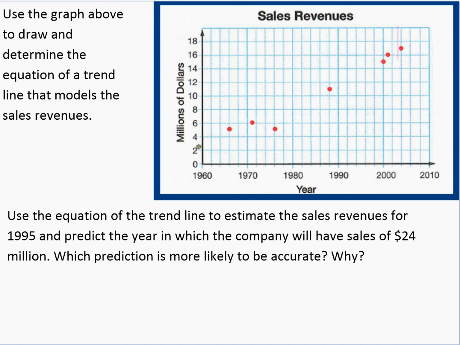We want to put it close to as many points as possible. So maybe there, where you notice there's a few points above, some points below. These are all pretty close up here. So there's a trend line that could represent this relationship.